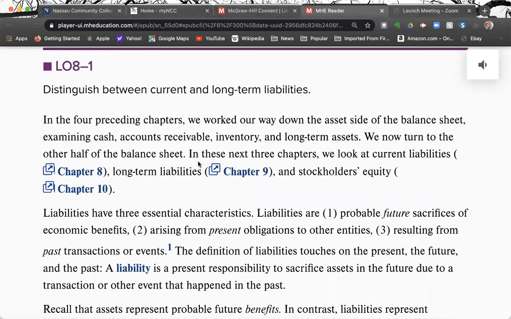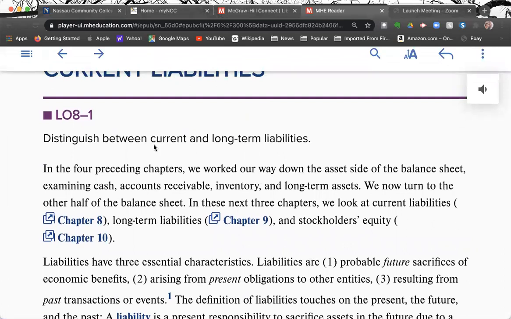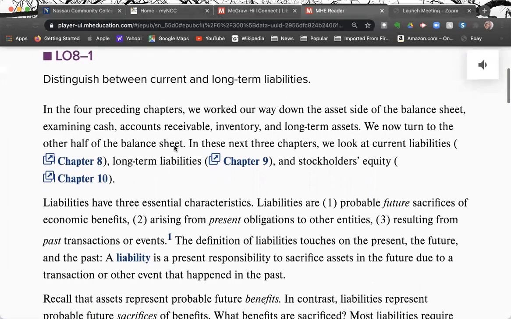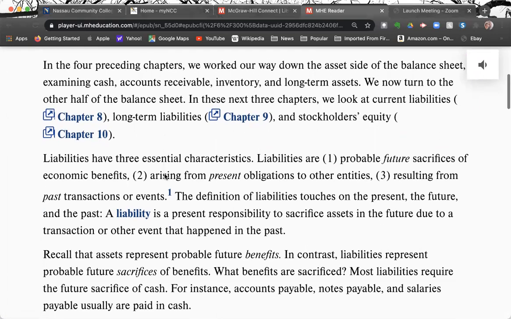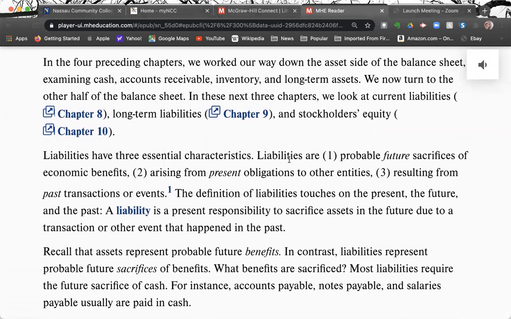Okay. So here we're going to talk about current and long-term liabilities. Liabilities have 3 essential characteristics, right? And this is the definition from the accounting literature. That's where they get this from. Probable future sacrifices of economic benefits.